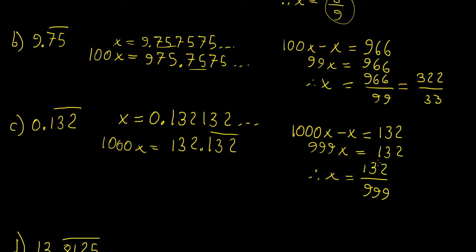This one, let's see, the sum of the digits is going to be 6. So we should be able to divide each of those by 3. So that's going to be simplified to 44 on 333. And if we put that in the calculator, we're going to get this number again.